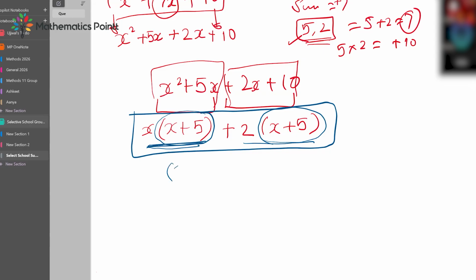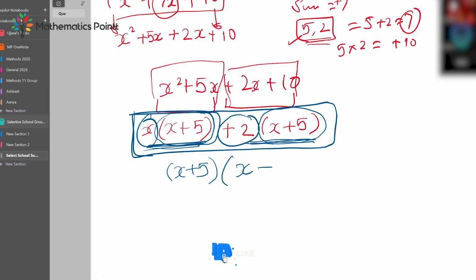So you have x plus 5 as the common factor. Good job, everyone. Now, once I pull out this x plus 5 out of the first term, what's remaining? The x. And when I pull out the x plus 5 from the second term, what's remaining? A positive 2.